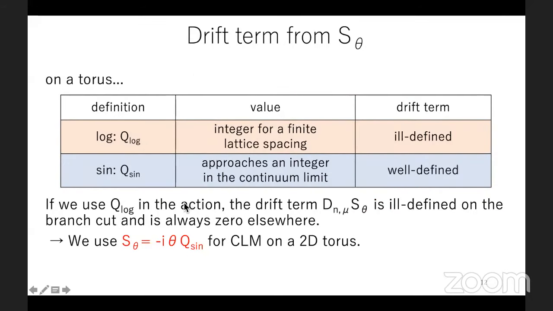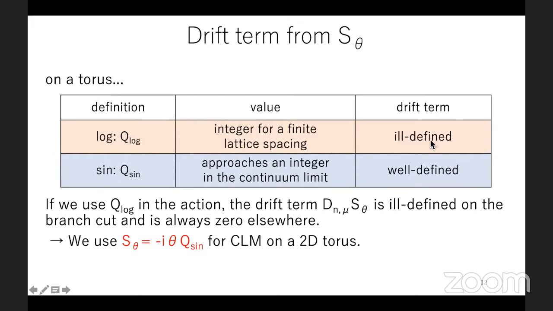As I said, there are two types of definition of topological charge. So I will explain the difference between the two types of definition on a torus. The logarithmic definition gives an integer value, even for finite lattice spacing. The sine-like definition is not an integer, but approaches an integer in the continuum limit. So in this sense, the logarithmic definition looks better.